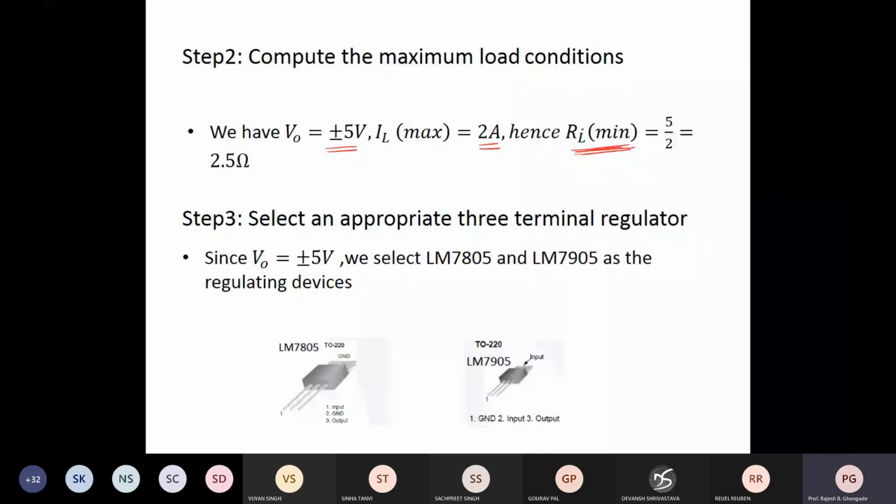This is a load condition we can say. That also worst case. You are drawing maximum 2 amperes out of it and the voltage is 5 volts. So the maximum load condition, worst case load condition becomes 2.5 ohms. That I will call as RL minimum. Simple.